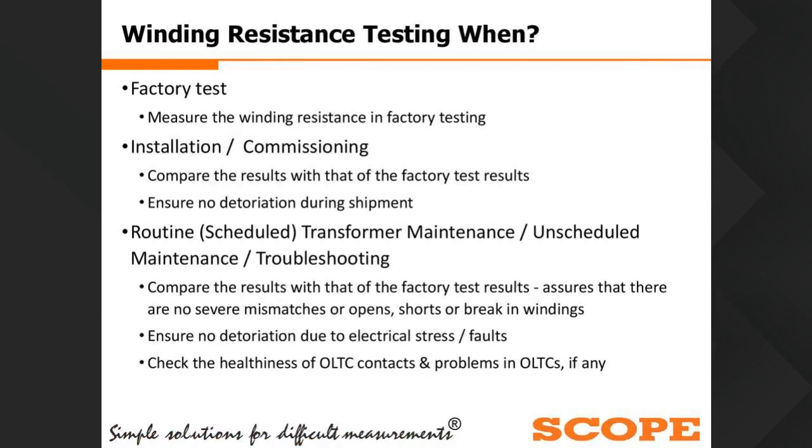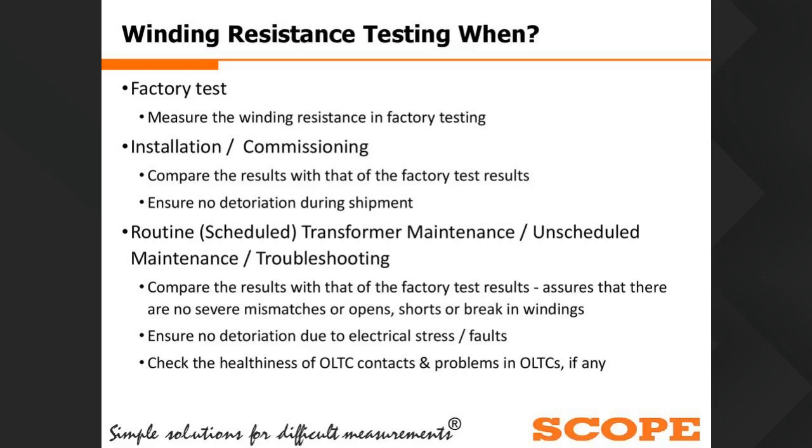Then, when do we need to do a winding resistance test? Basically, we need to conduct this test at factory testing, to measure the winding resistance. Then, during commissioning or installation, to compare the results with the factory test results and see whether they are correct or not.